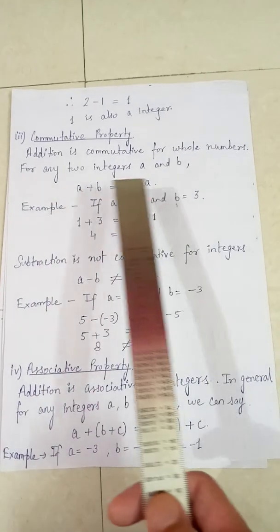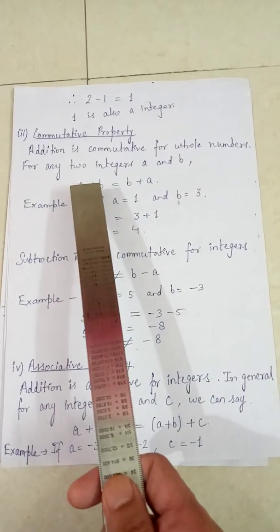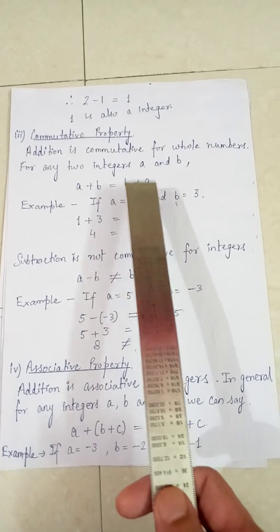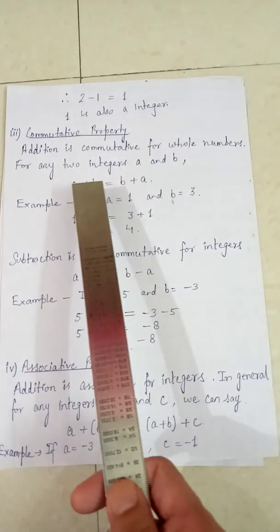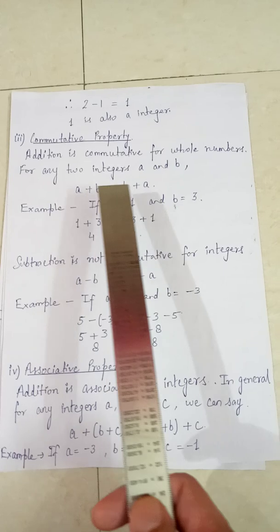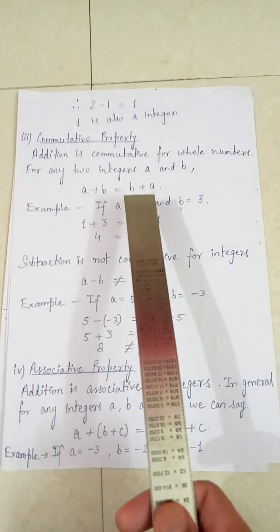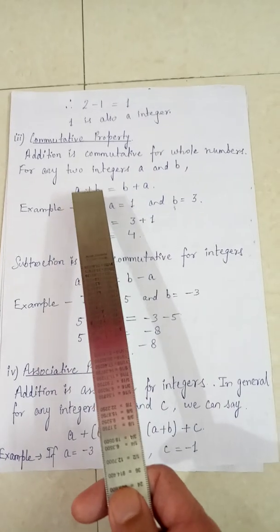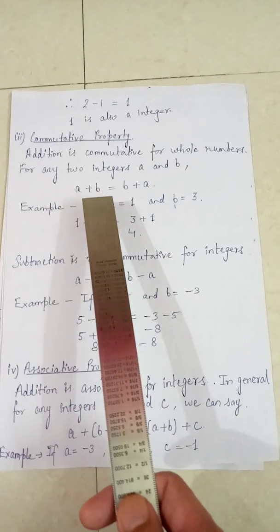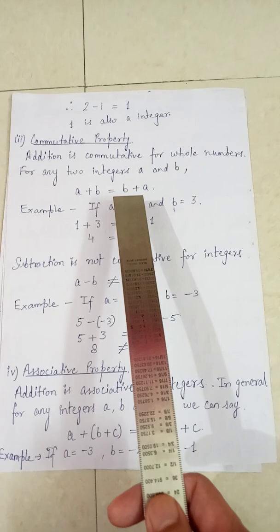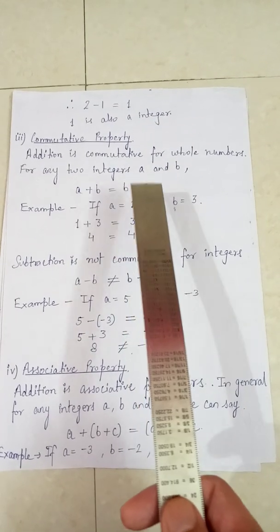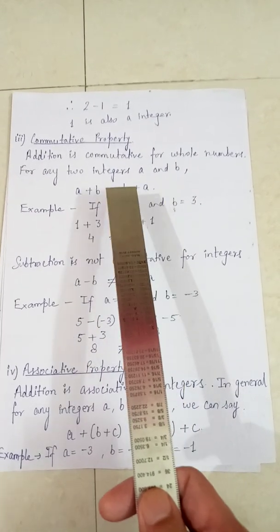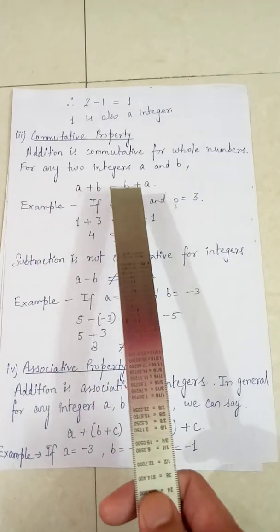In this property we can see that this is the left hand side and this is the right hand side, and on both sides the variables are the same, only we are changing the order. Here a is first and b is second, and on the right hand side b is first and a is second, and on both sides we are adding them.